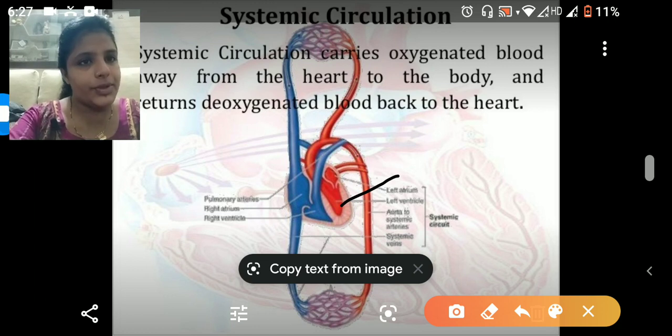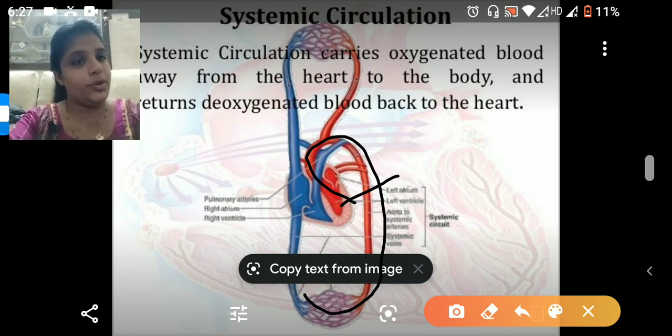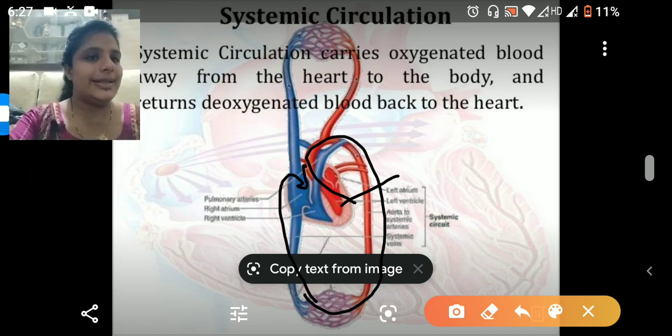From the left ventricle via the aorta, it enters the entire body. From the body, it becomes deoxygenated, as oxygen is used and carbon dioxide is produced. Deoxygenated blood enters into the right auricle. This entire process is known as systemic circulation.